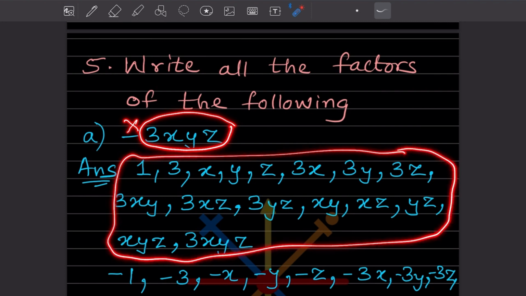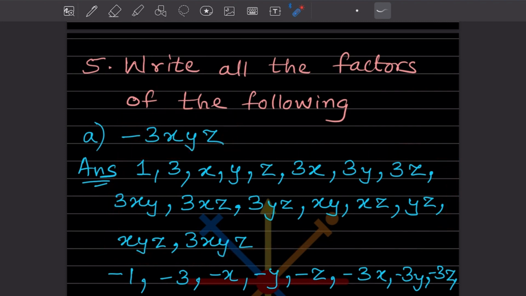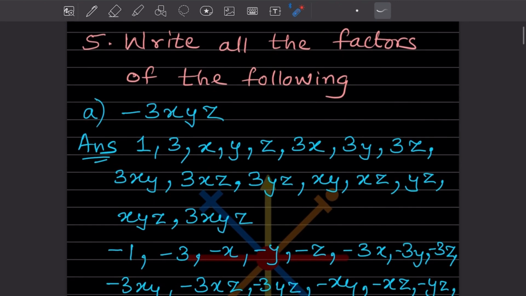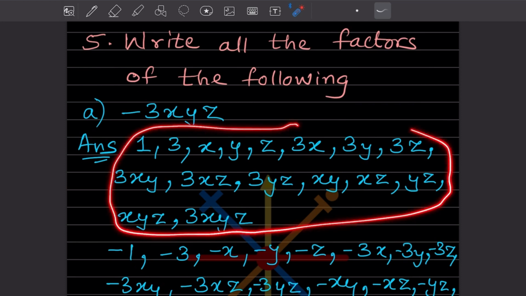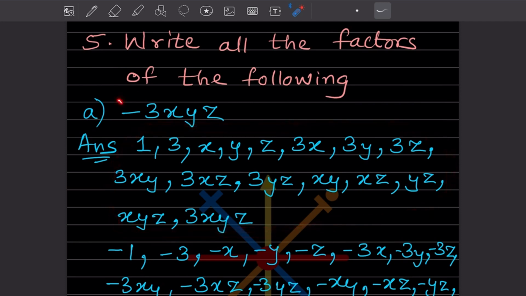And now what are we going to do? Definitely that minus we have to consider for the factors, but we had to keep it at side for time being, because otherwise while writing the factors there will be some confusion. Okay, now what are we going to do? Since we have written these factors, because now we are going to take minus.